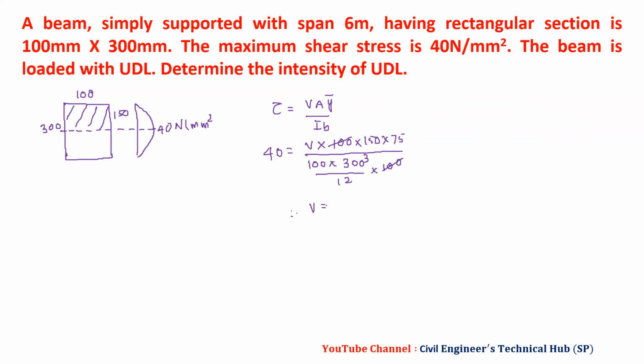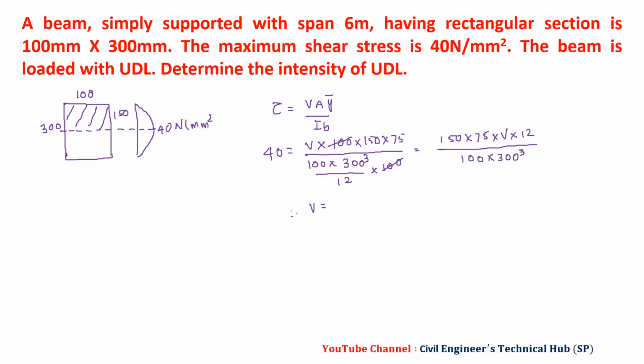Therefore, V equal to. Now you can see if you will again solve this. So we have this will be 150 into 75 into V into 12, which is denominator of denominator, divided by 100 into 300 cube.